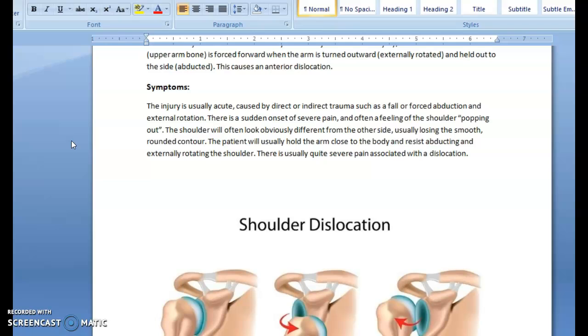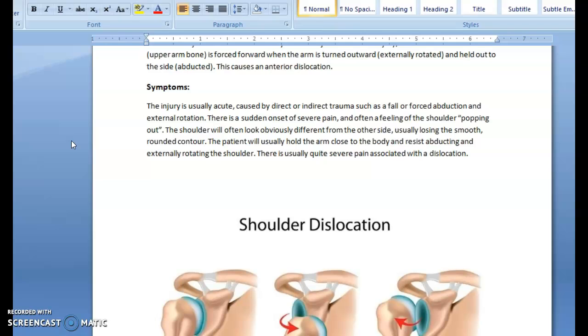What are the symptoms? The injury is usually acute, caused by direct or indirect trauma such as a fall or forced abduction and external rotation. There is a sudden onset of severe pain and often a feeling of the shoulder popping out.